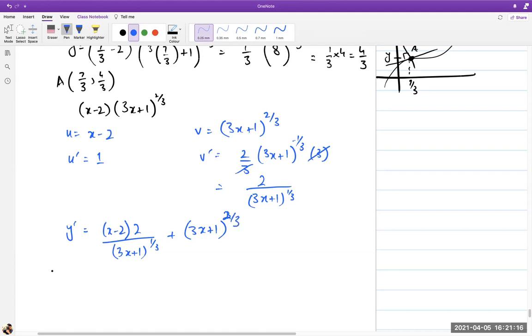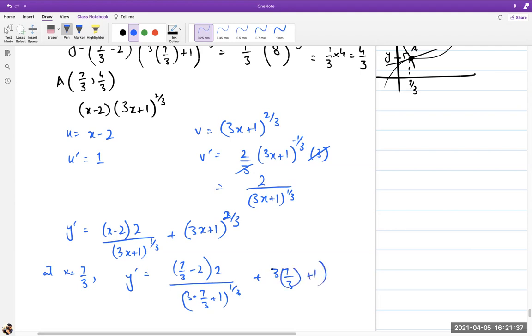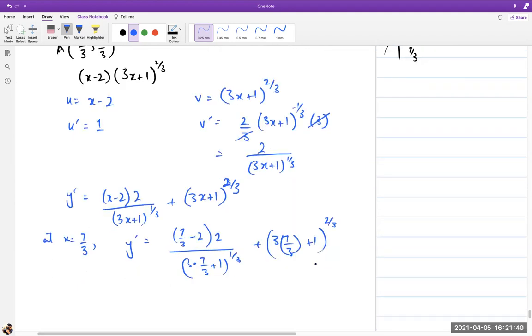And now at x equal to 7 by 3, y prime is going to be, I'll just plug it in here, 7 by 3 minus 2 into 2 over (3 times 7 by 3 plus 1) whole power 1 by 3, plus (3 into 7 by 3 plus 1) whole power 2 by 3.